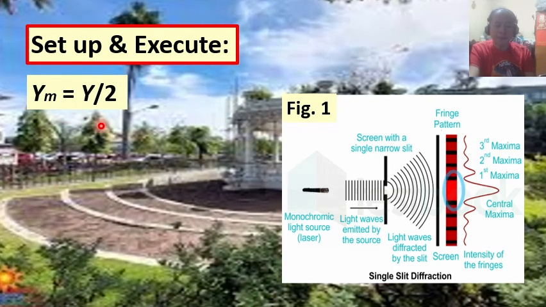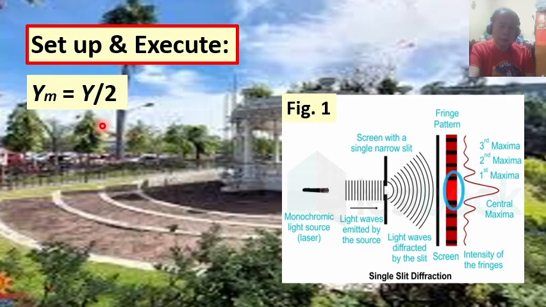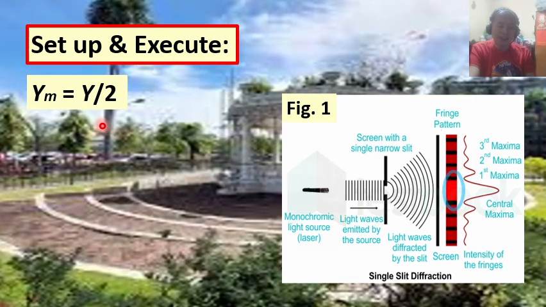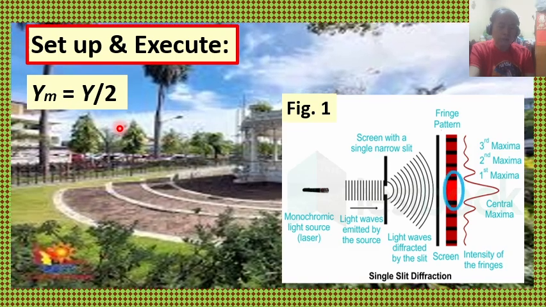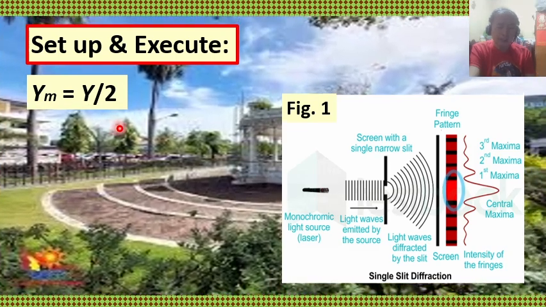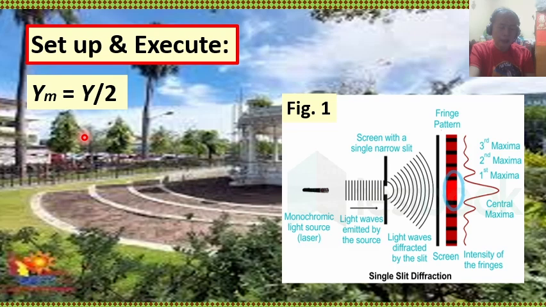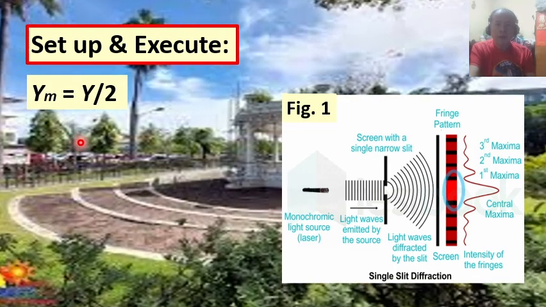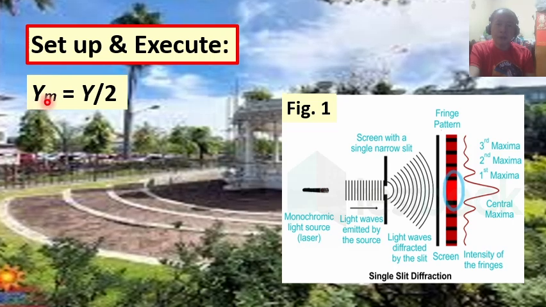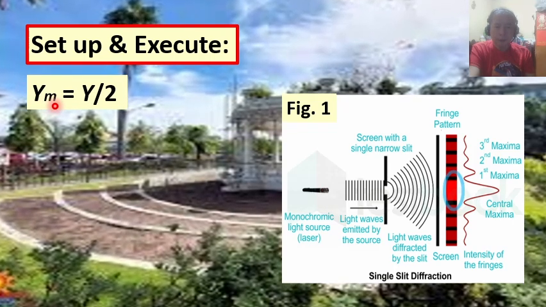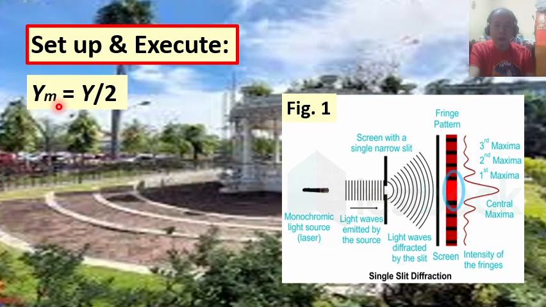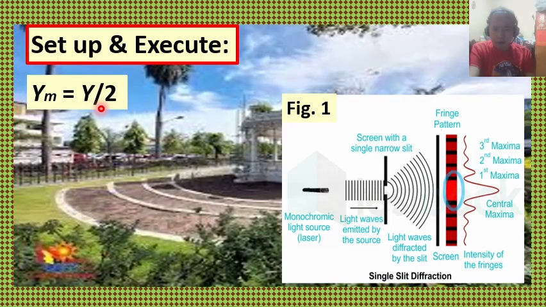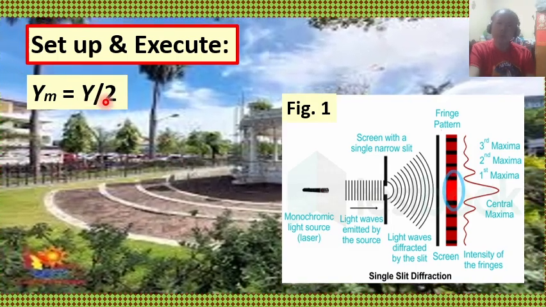So for the first order minimum or dark fringe on either side of the central bright band, from the center of the central bright fringe, that is represented by capital Y sub M, right? That is just equal to capital Y, which is what is given in the problem, divided by 2.